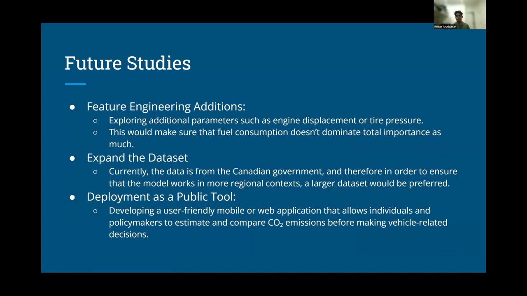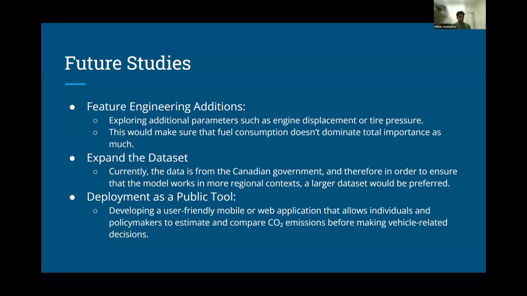In the future, I think the most important thing I want to do is bullet point two over here, and it's to expand the data set. Like I mentioned, the data is currently from the Canadian government. But if I wanted it to be more accurate and work in all regions, it would be good if I could gain access to data from countries like the United States, or any other countries in the world.